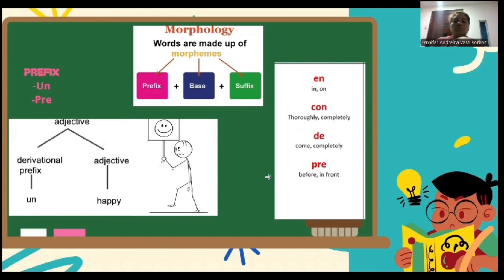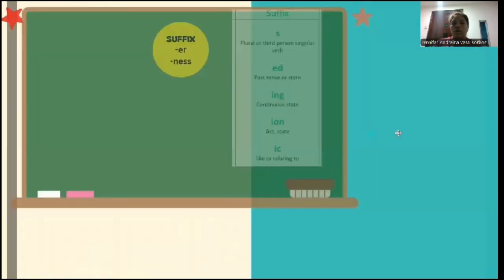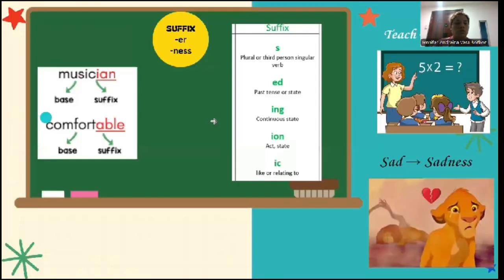I use these examples because they are easy and characteristic for children to identify, and they complete the grammatical rule. Um, suffixes also alter the original word.